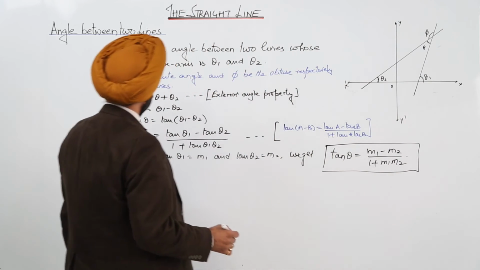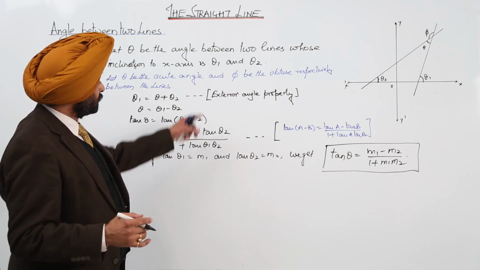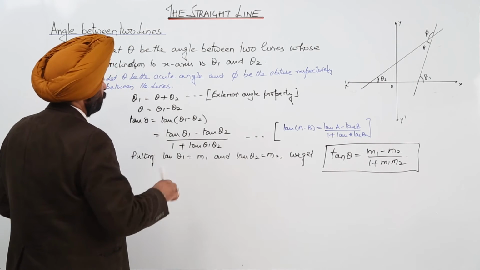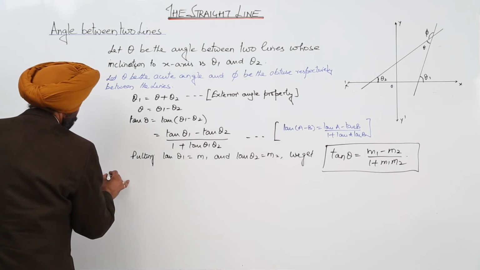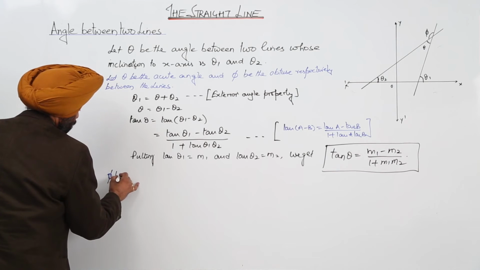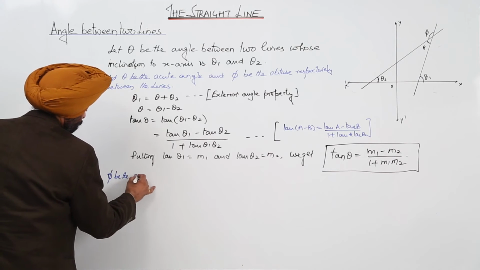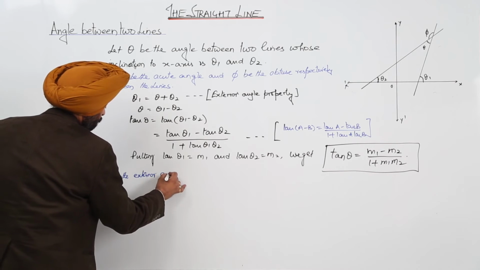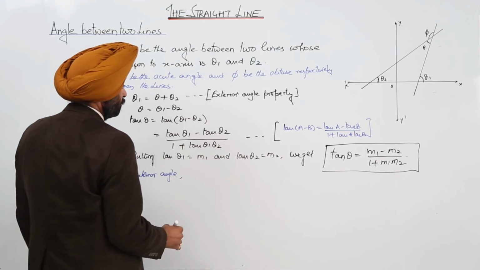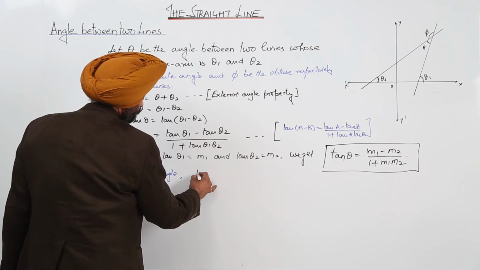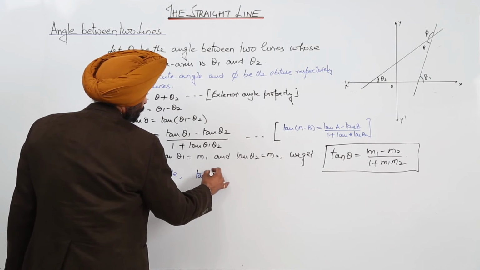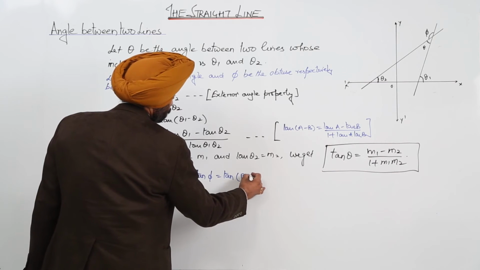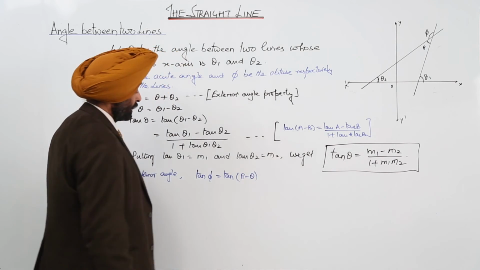Now we have one more angle that we took as phi. Okay, now phi is the exterior angle. So now what can we write? Tan phi is equal to tan of pi minus theta.